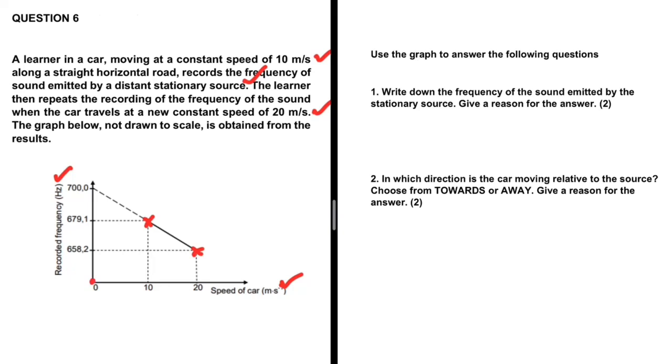When the speed of the car is 0 meters per second and our source is stationary, there is no Doppler effect. The frequency or the pitch observed doesn't change, right? So this 700 hertz that we have here is actually the value of fs, the emitted frequency, because it's the frequency we have when the speed of the car is 0 meters per second.